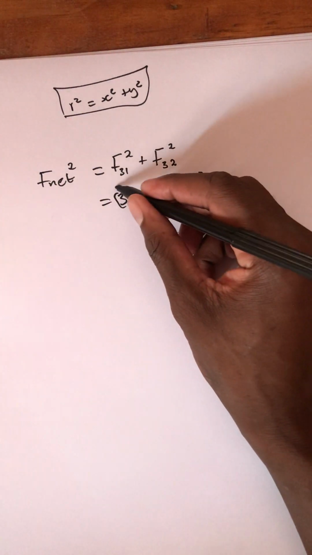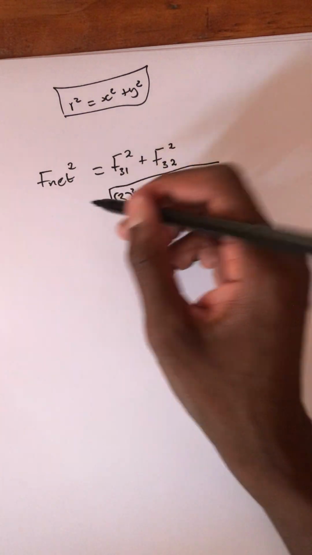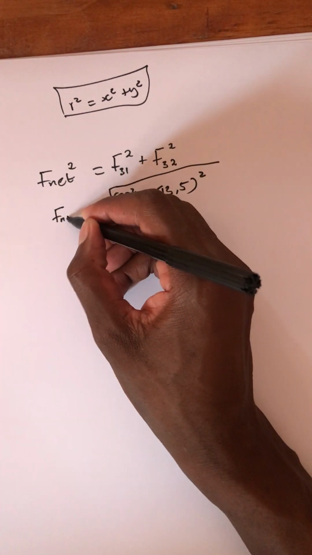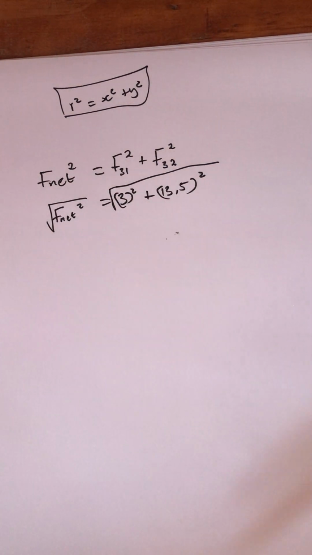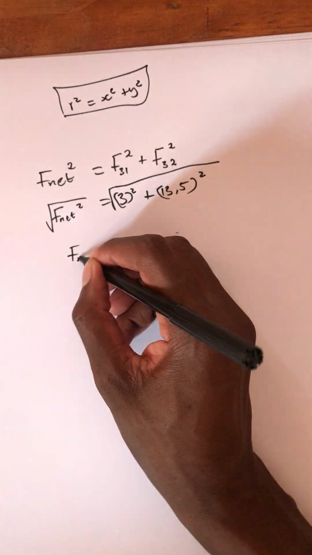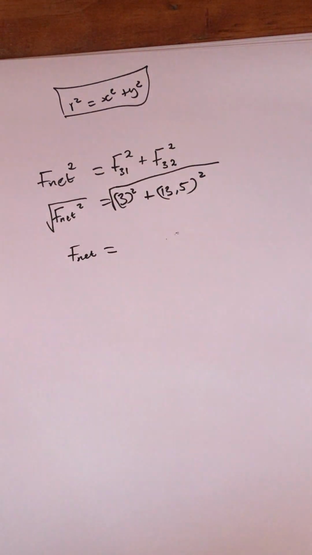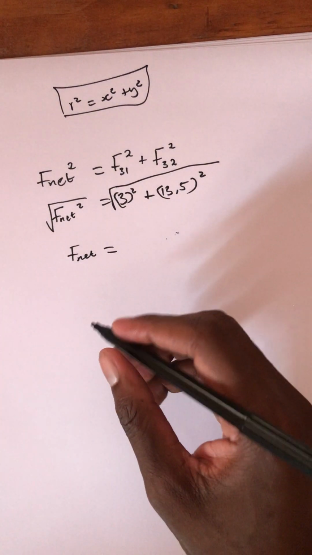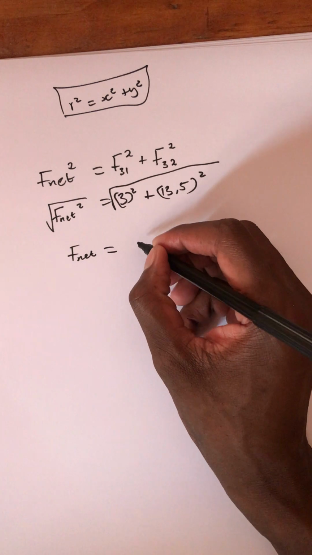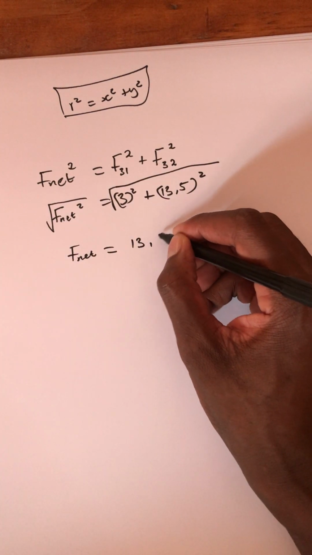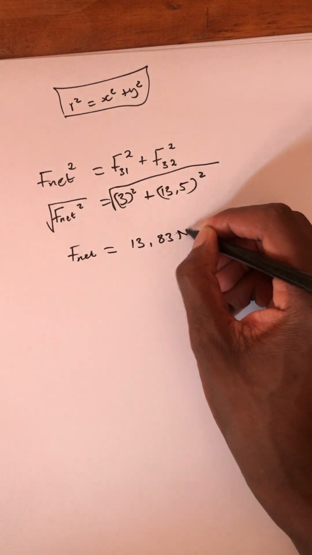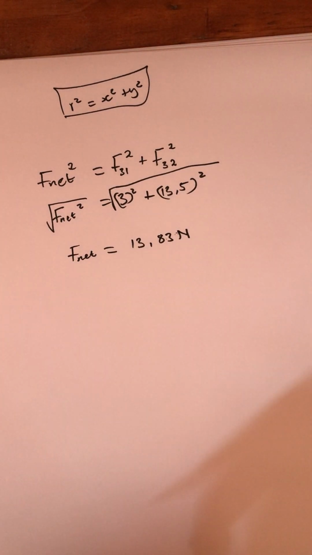From there, we take the square root on both sides. Then this side will be left with F net is equal to, from the calculator, we get 13.83 Newton. So it's 13.83 Newton.